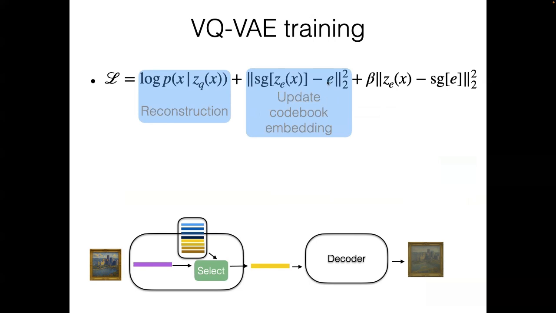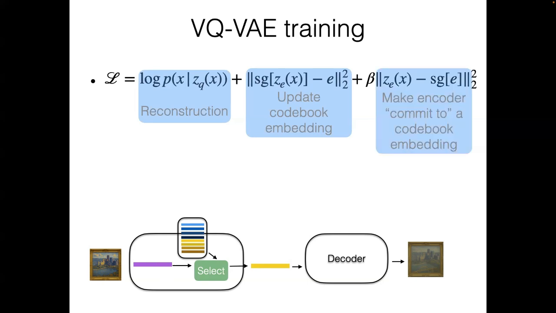Here, it's saying that you want to look at this embedding and make the one that was selected close to the embedding. So again, you're doing this kind of nearest neighbor lookup. And then if it eventually gets selected, this loss causes this to go closer to the encoder's vector.